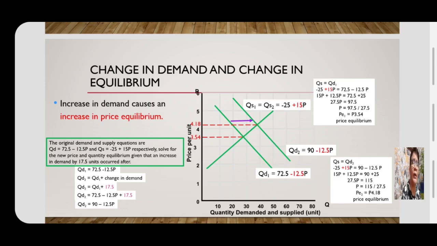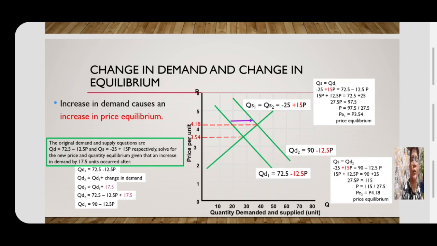So 4.18 minus 3.54 is the change in price equilibrium, and you can probably already compute it. It is more or less equal to 0.64 pesos, the increase in price.